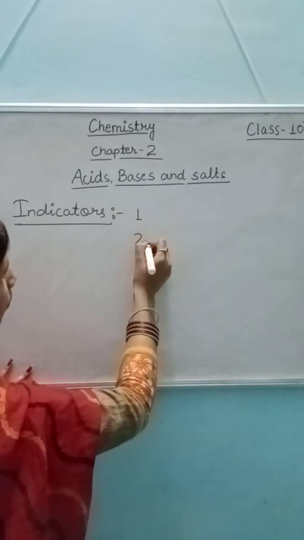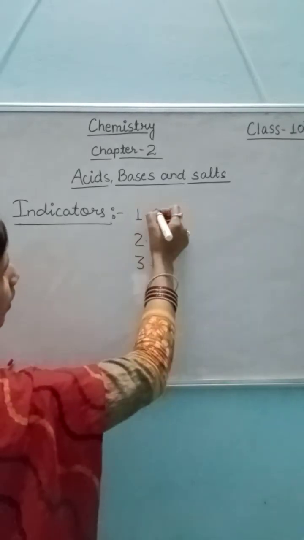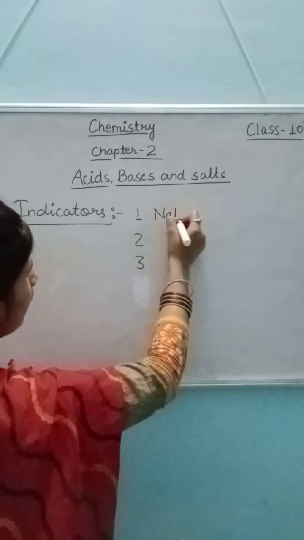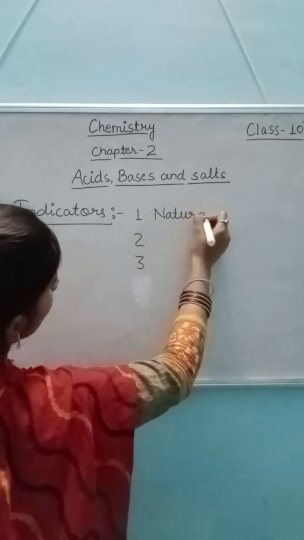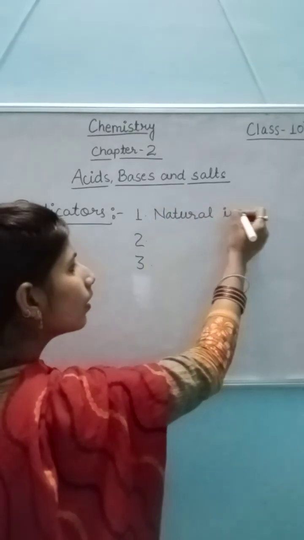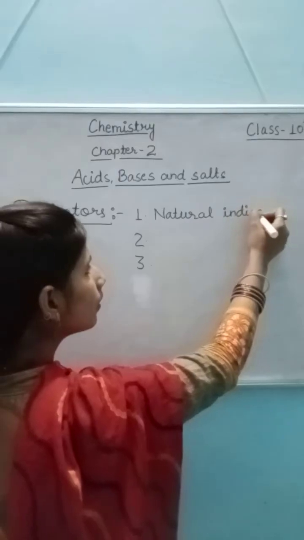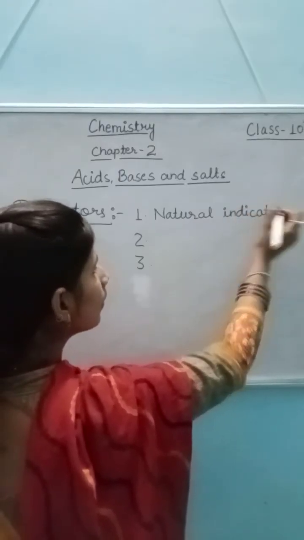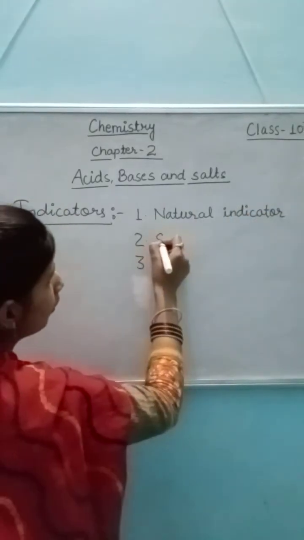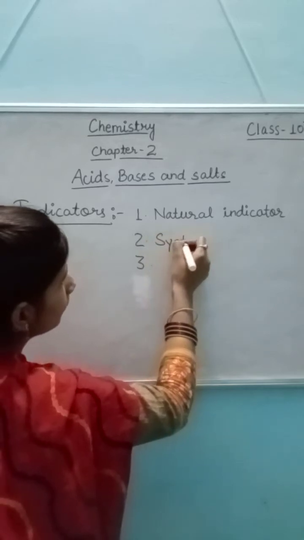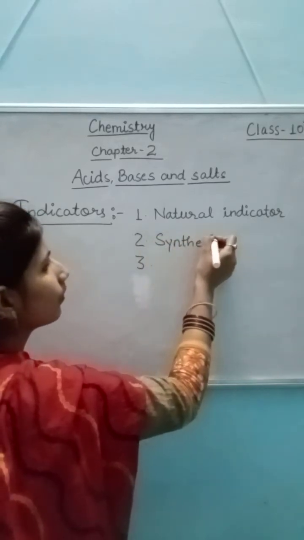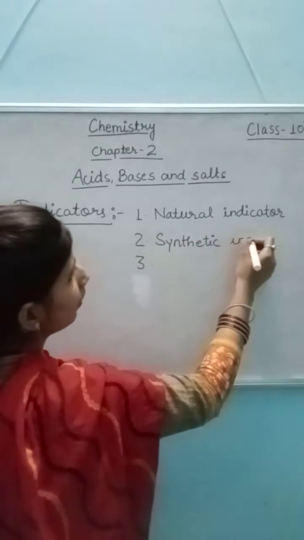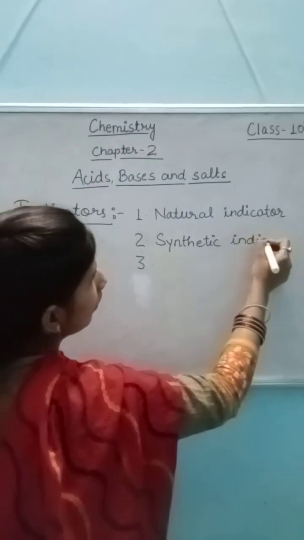Number 1, natural indicator. Number 2, synthetic indicator.